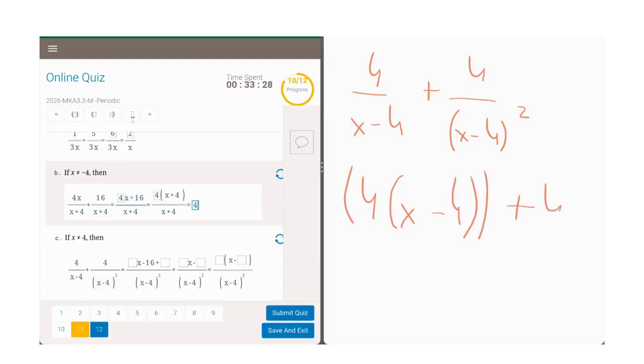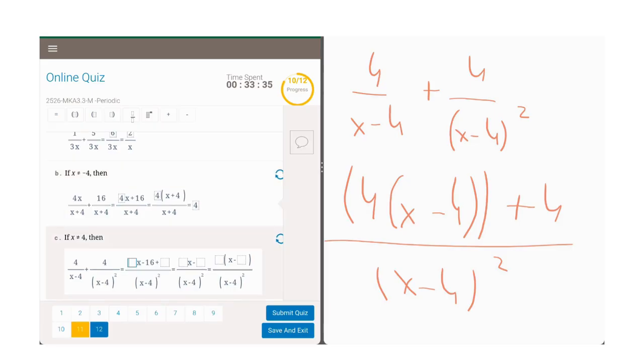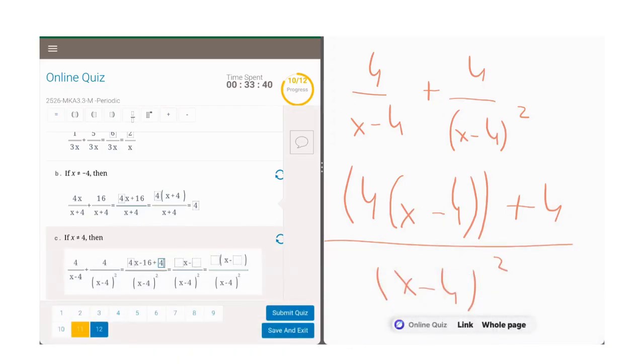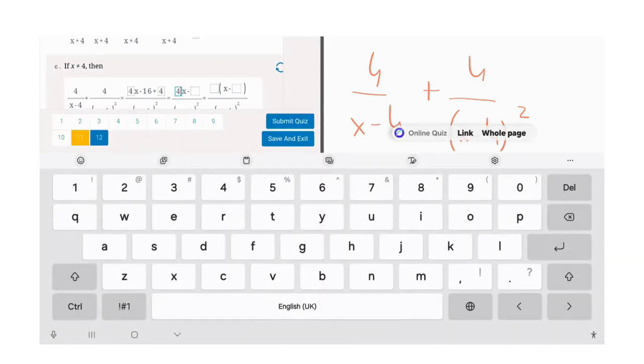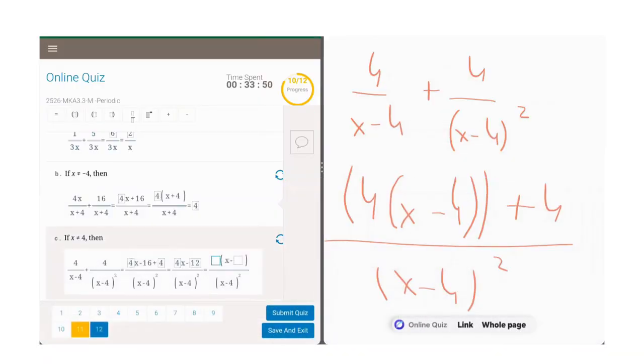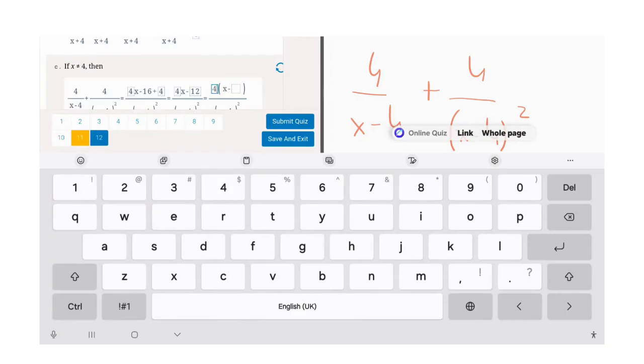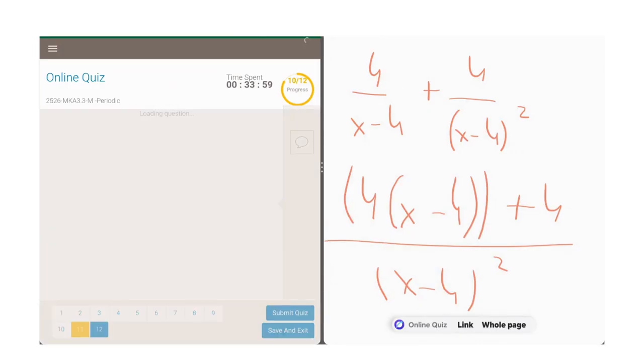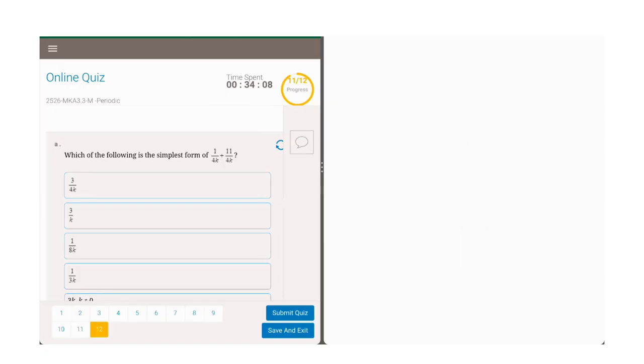You add that with 4, and that's going to be all over x minus 4 squared. After you distribute, you'll have 4x minus 16 plus 4. Then you add negative 16 and 4, and you'll be left with 4x minus 12. You can factor and take the 4 outside, and you'll be left with 4 into x minus 3 over x minus 4 squared.